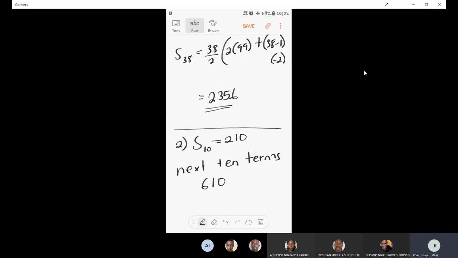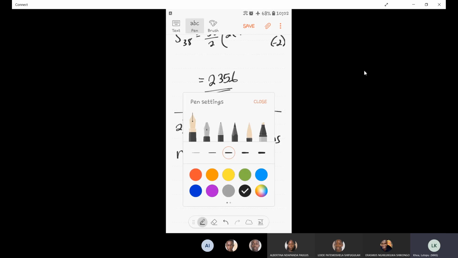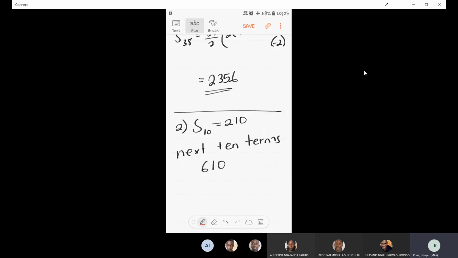Now this one, you need to always make sure that you read the question correctly and you understand what it is saying. It's not saying that the sum of the first 20 terms is 610. That is incorrect.